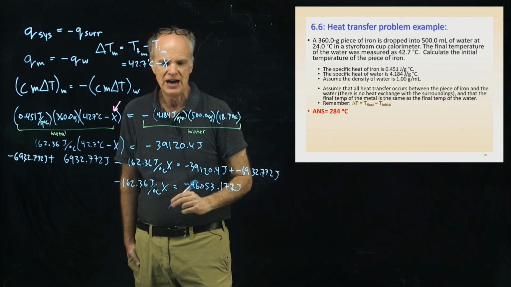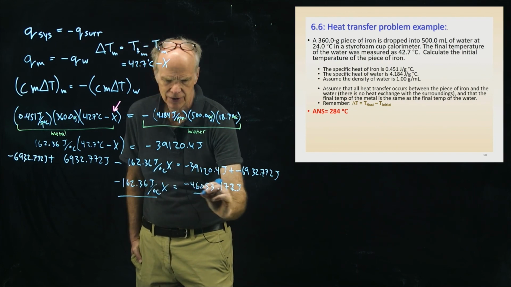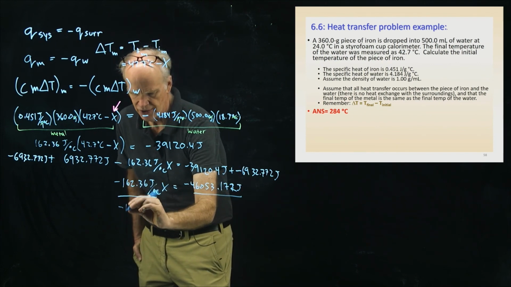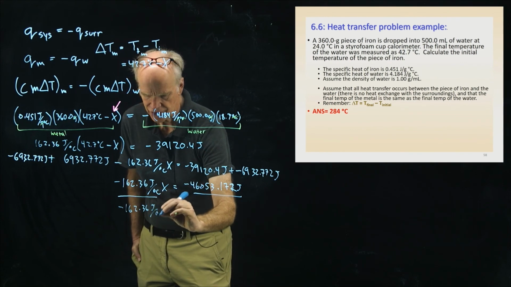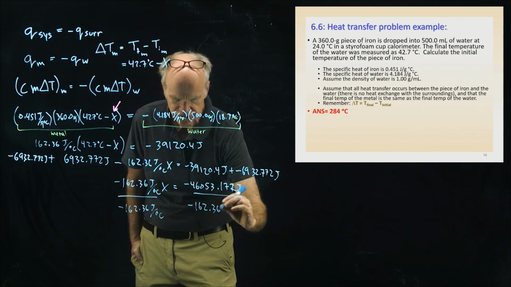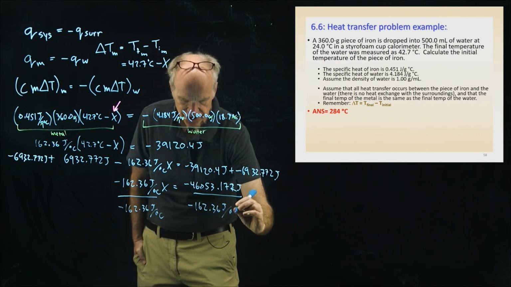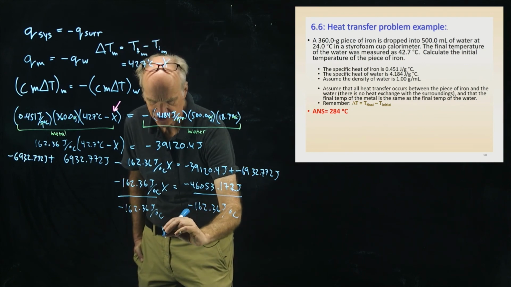Okay, so the final step is we're going to have to divide both sides by negative 162.36 joules per degrees Celsius, like this. Negative 162.36 joules per degrees Celsius. And so after we do that, we get x.